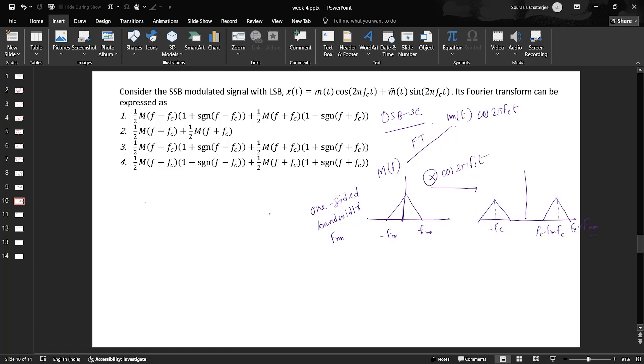So you can see one crucial thing is that in baseband, if we talk about only the positive part of the bandwidth, your bandwidth was fm, right? But this is a baseband signal because it's centered around 0, and when you multiply with the carrier, essentially you are generating a passband signal. So this is your passband signal. For the passband signal, what is your bandwidth now?